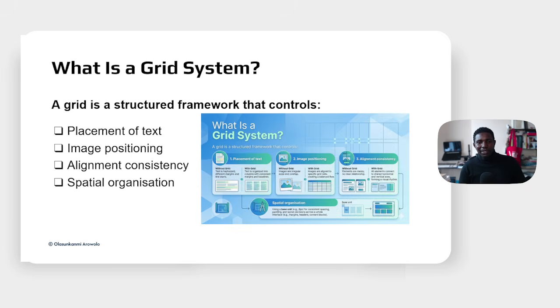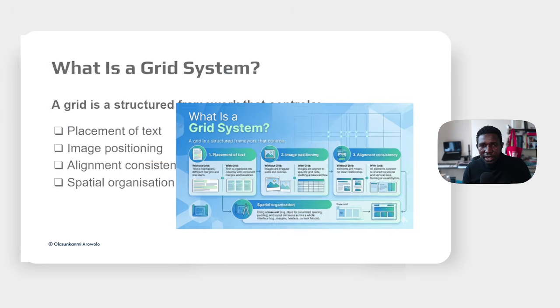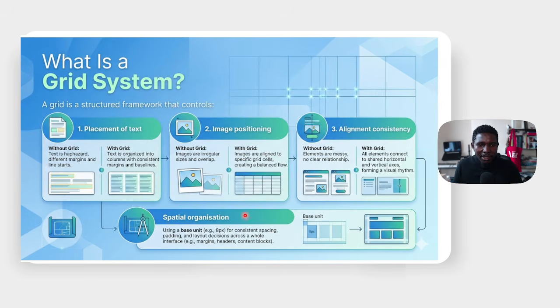Now, have a look at this. What you see here is what a grid system is. With a grid system, the text is organized like you can see here. And then right here, it looks scattered. Image positioning, you see that?